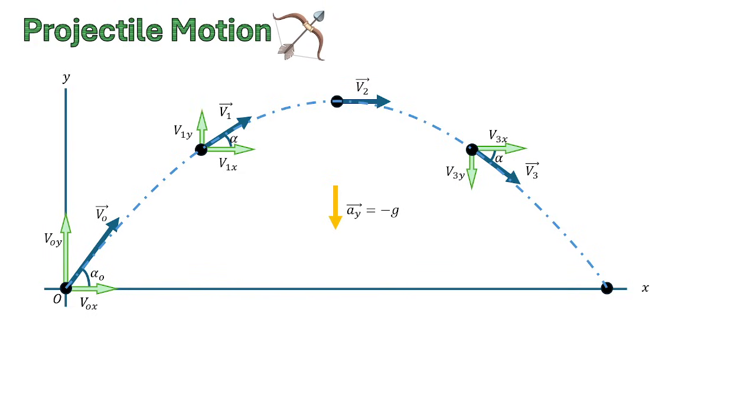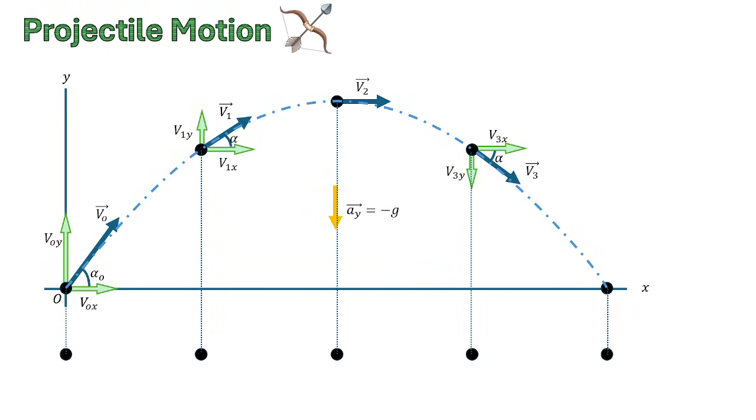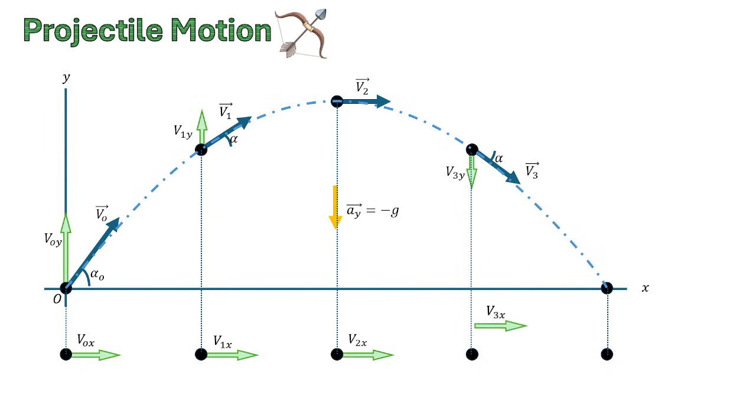And so we can get the direction of our velocities. Let's see here the illustration of our horizontal velocities. We have V0x, V1x, V2x, and V3x. This is the horizontal motion of our ball or the particle.